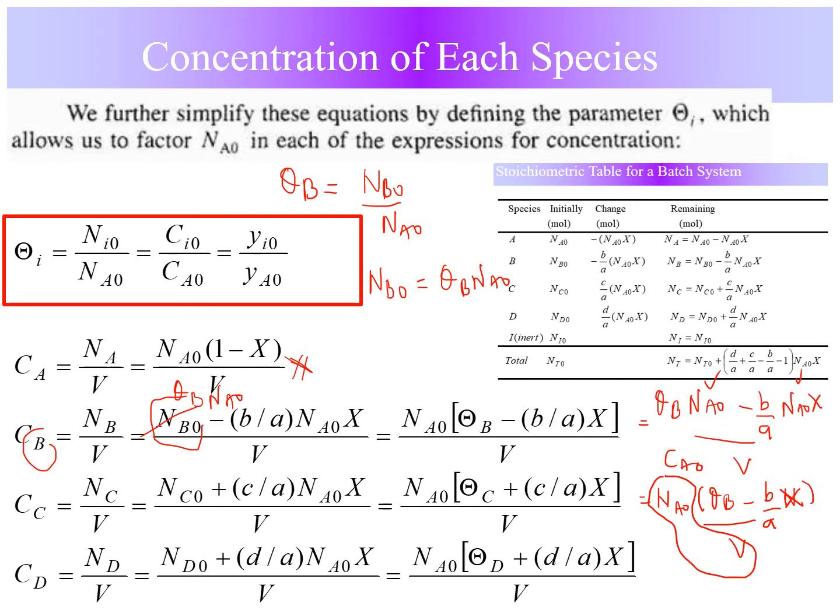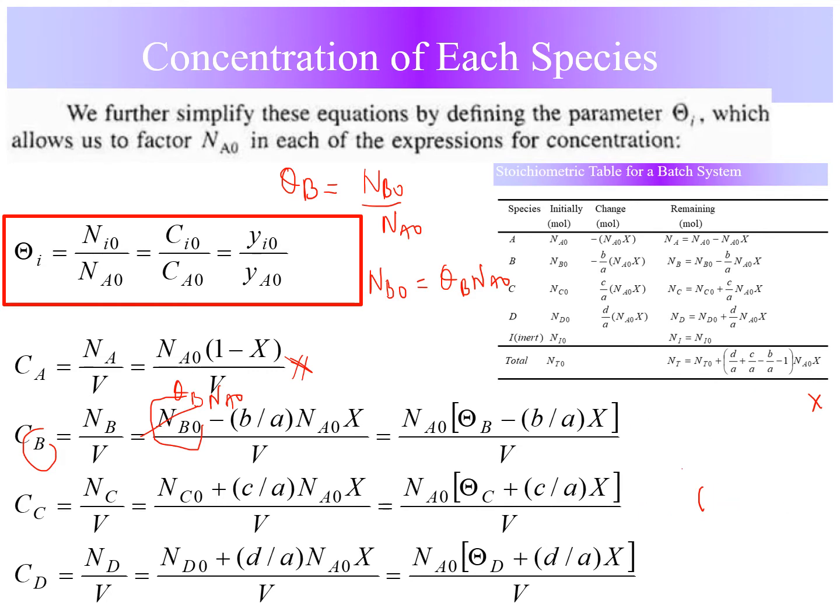For the C, I'll do it again, one by one, how to transform to theta C. Theta C is equal to NC naught over NA naught.